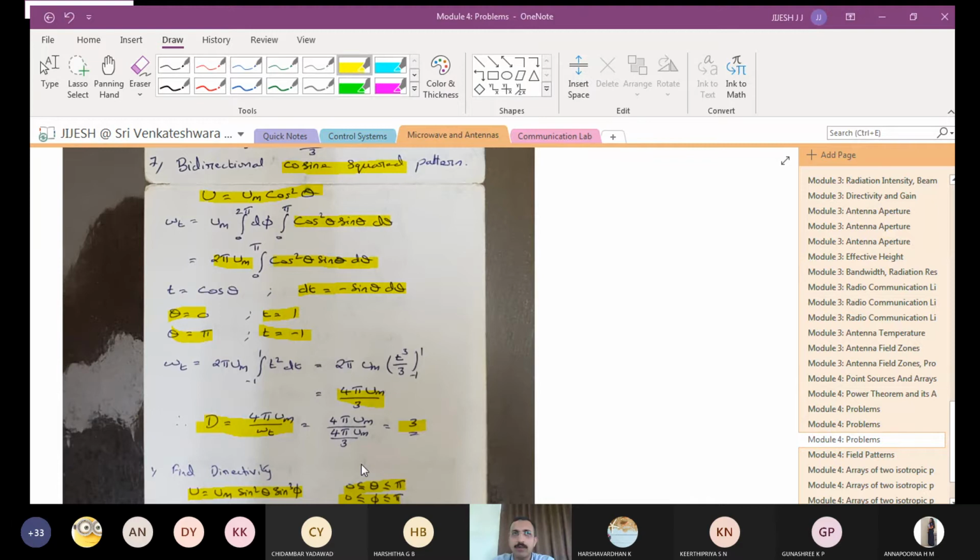If it is told bidirectional, unidirectional and all, you can go ahead with any of the limits as mentioned. Try to complete it. Let us see who comes out with the answer for this problem. U is equal to sine square theta sine cube phi.